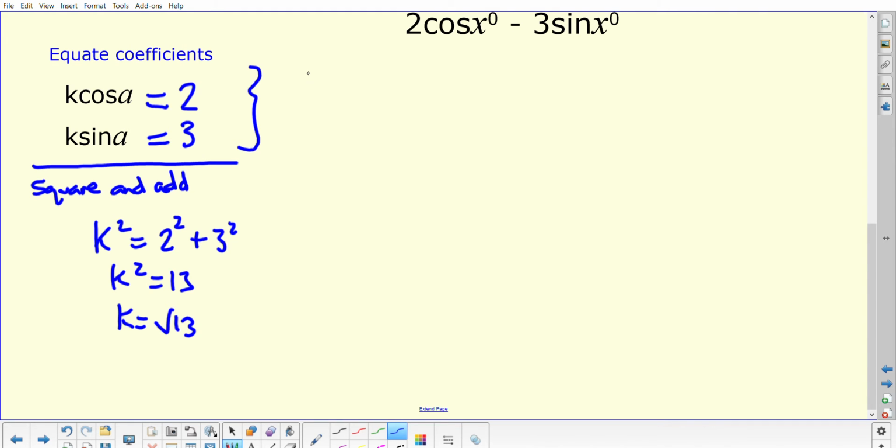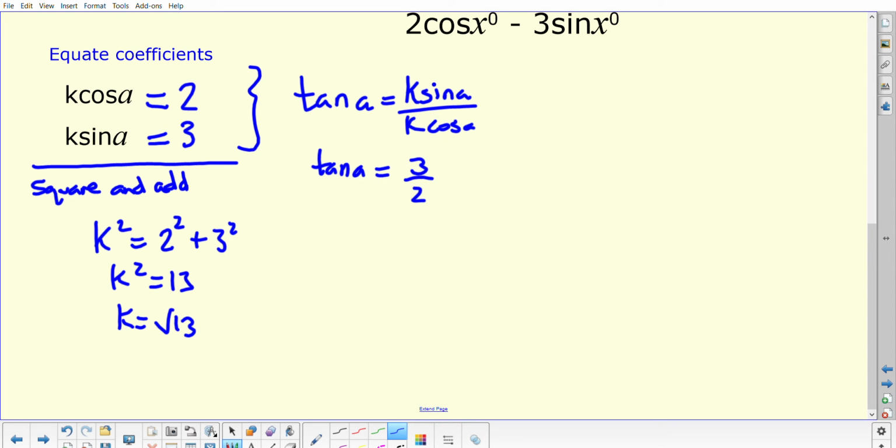You're then looking at working out your value for tan a, which is always about taking the value for k sin a over the value for k cos a, making sure you get them the right way round. So tan a would be equal to 3 over 2. You can see there that the cos is positive, the sine equation is positive, and therefore the tan is positive.